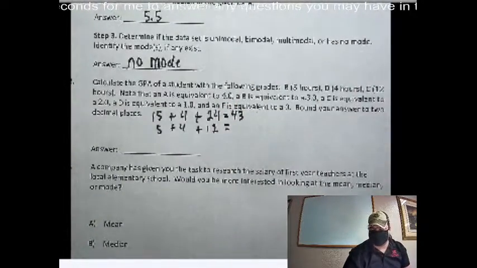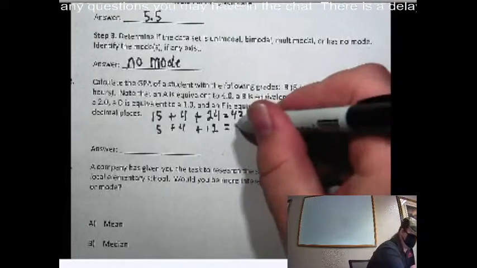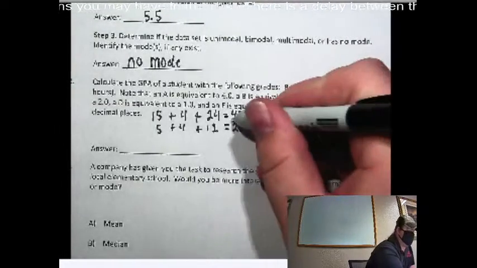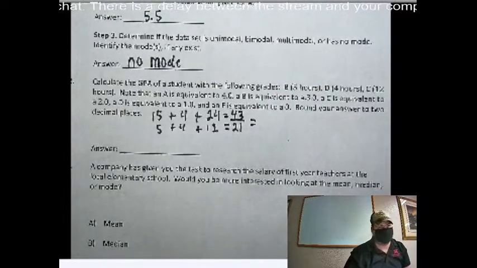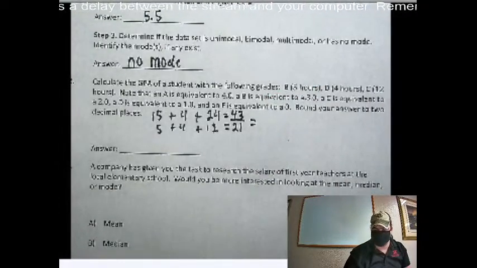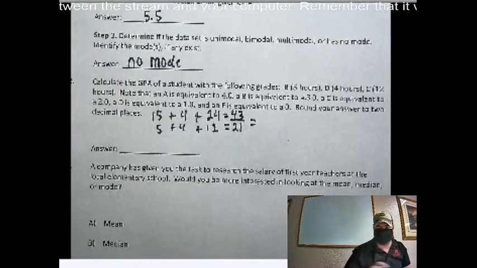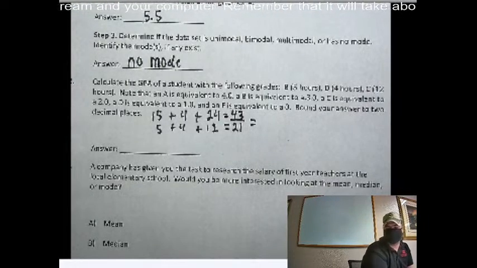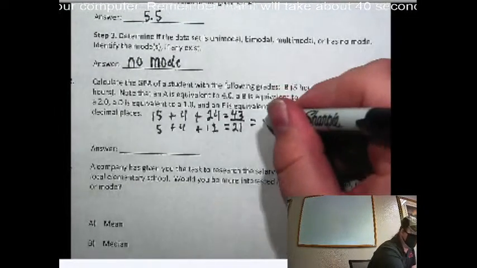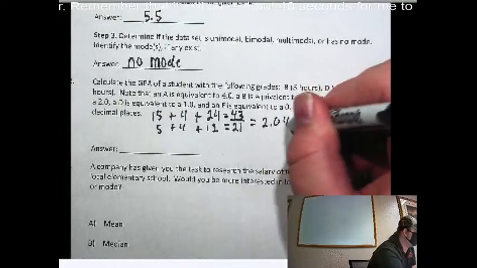Okay, so 5 plus 4 plus 12 is 21. And we divide these two to get our weighted mean, or our GPA in this case. So 43 divided by 21 is 2.0476, so on and so forth.